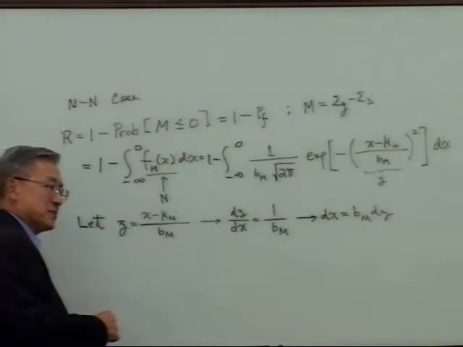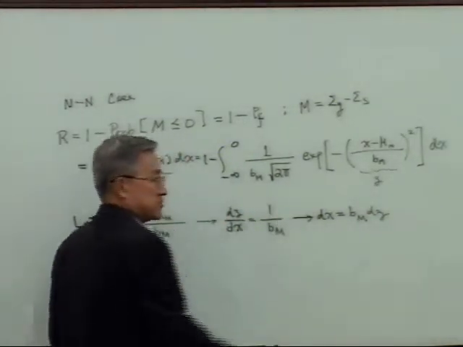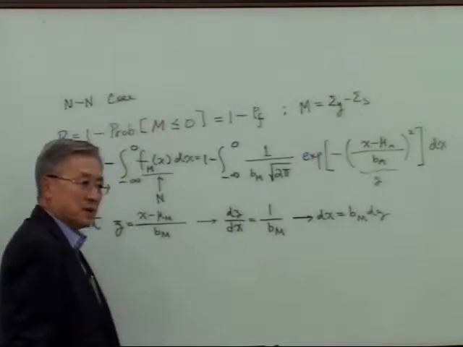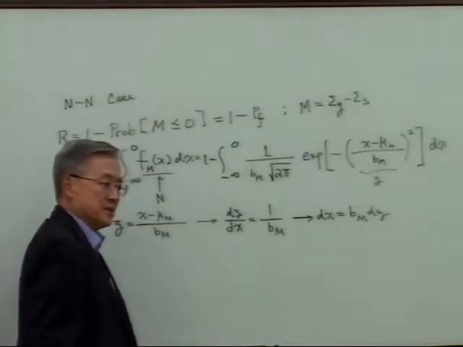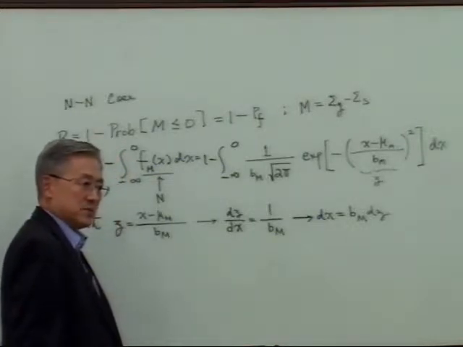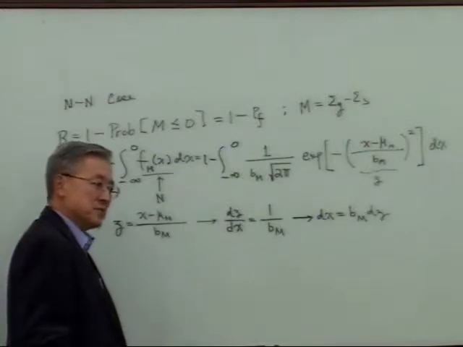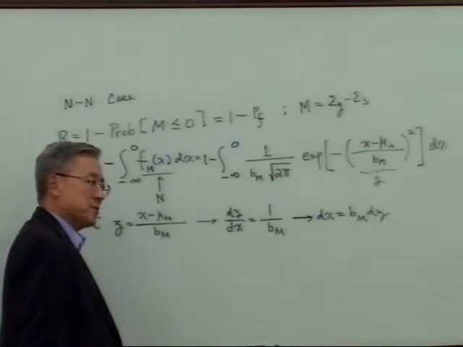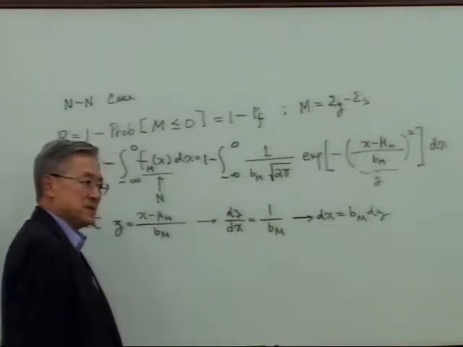This is like a transformation from the regular expression for the normal distribution to the standard normal distribution. When you start the first order reliability method, this is the approach that we are using.